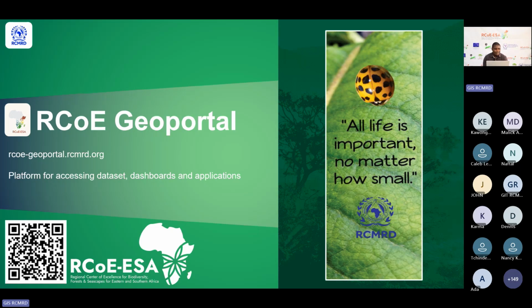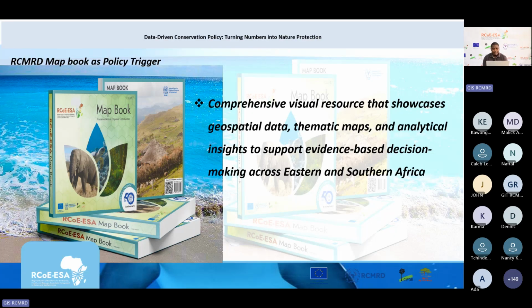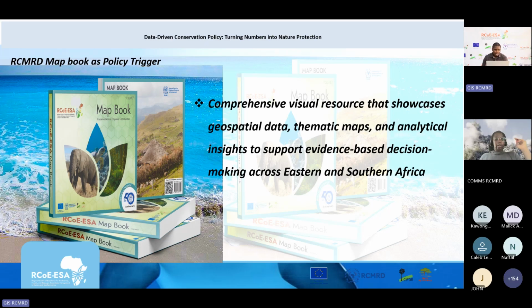Another one is the map book. It's also a reference material that you can use to see what maps we've been able to develop, showing different aspects of the ecosystem that we're trying to work around. I'll urge you to check our geoportal, where you'll see the different products that we have, and you can utilize them in your individual activity or project when you go back. So thank you.